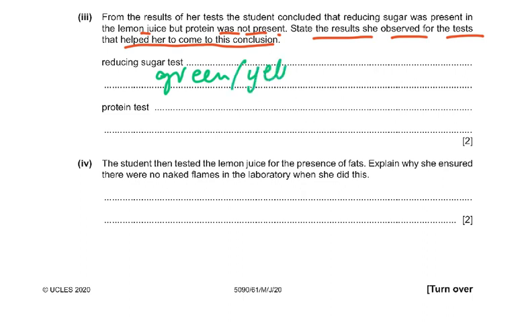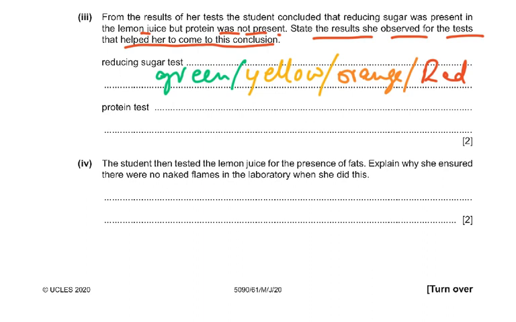If it would be more, it would be yellow. So it could be green, it could be yellow. What else could it be? It could be orange. And then of course we could also have it red or a brick red color. So any of these colors would have proved that a reducing sugar is present.